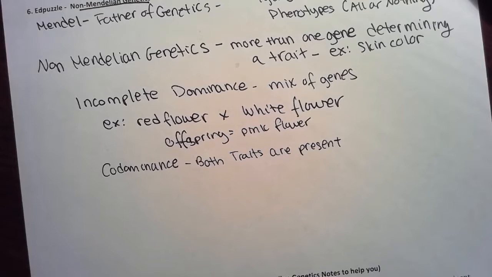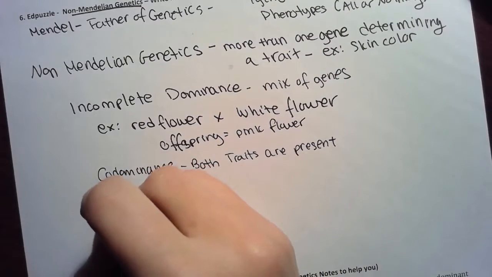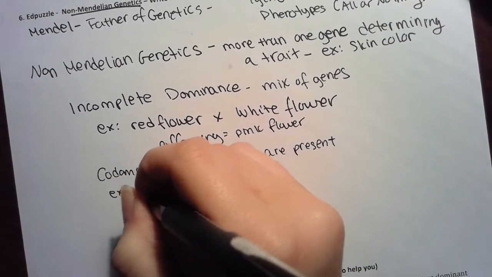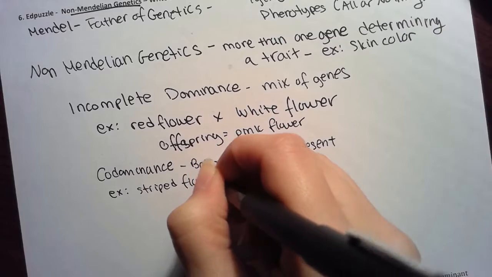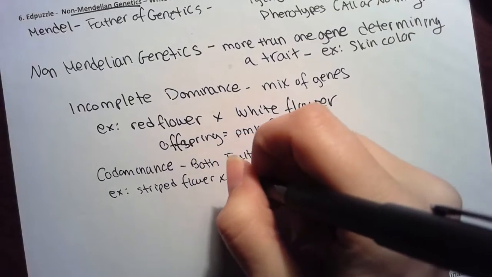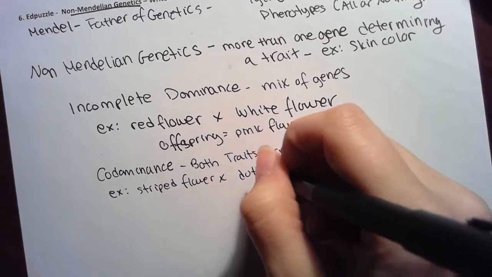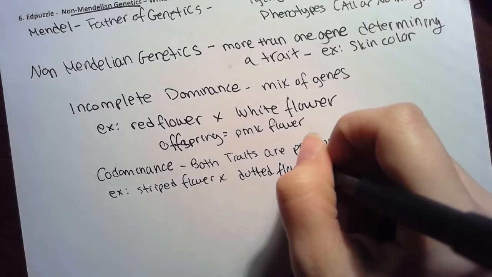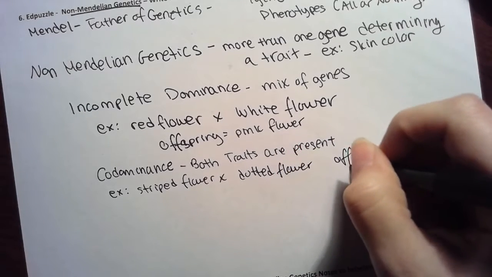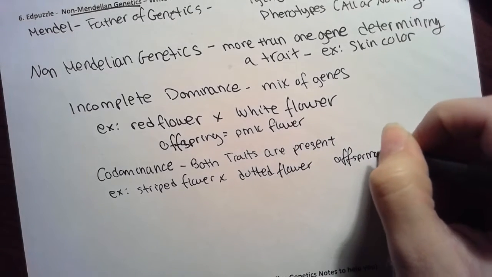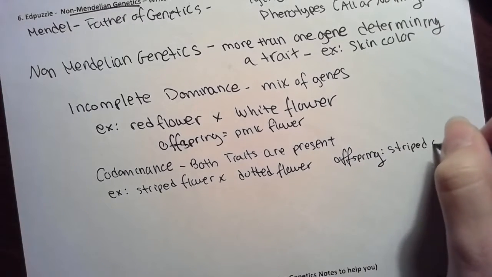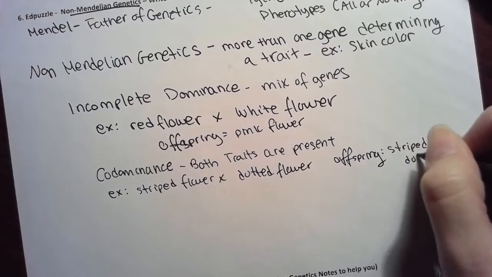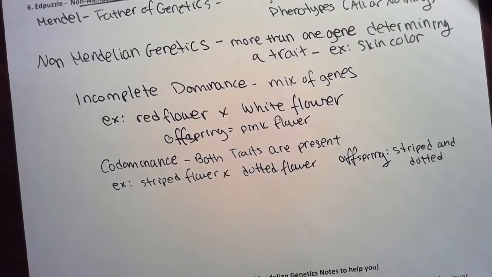So as an example, if I had a striped flower mate with a dotted flower, my offspring would be striped and dotted. So it shows both dominant traits.